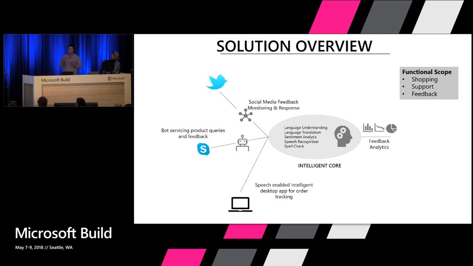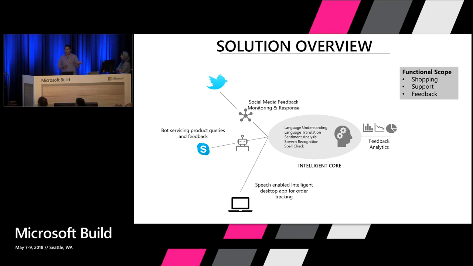We want to give our customers the ability to provide feedback through our social media networks like Twitter. We want to create a bot that will allow them to do their shopping, track their orders, provide us with feedback, or even contact customer support. And we can deploy this bot to work across different channels, and for demo purposes, we've chosen Skype.